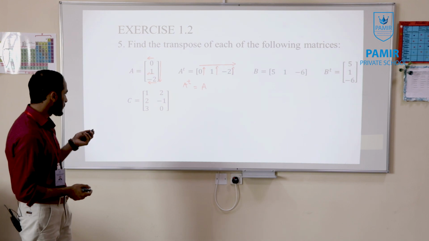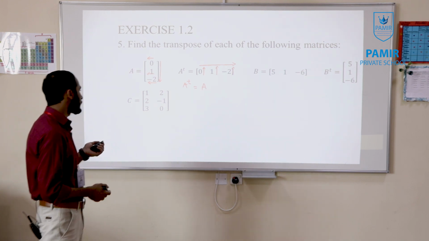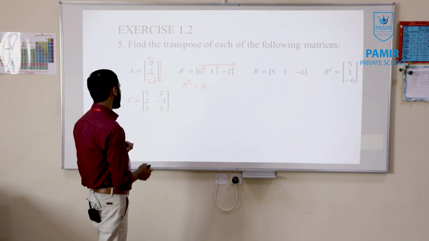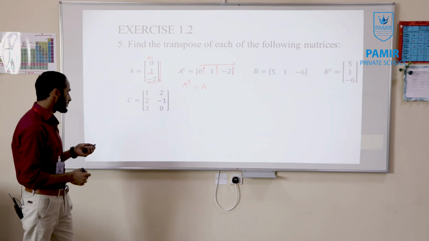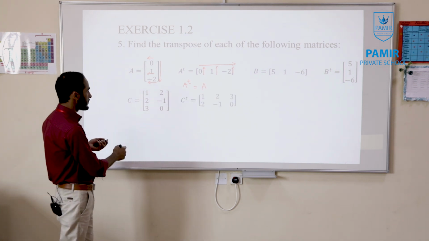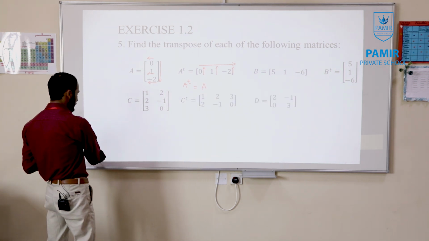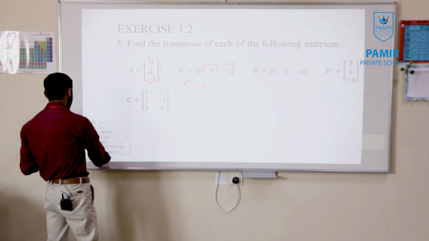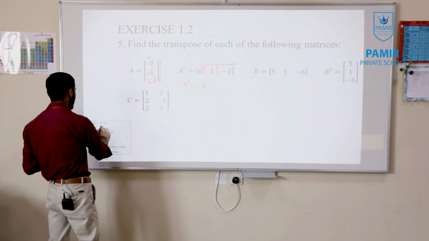Now the third example: matrix C of order 3 by 2, where we have 3 rows and 2 columns. When we write all the rows as columns, we get the transpose of the matrix.